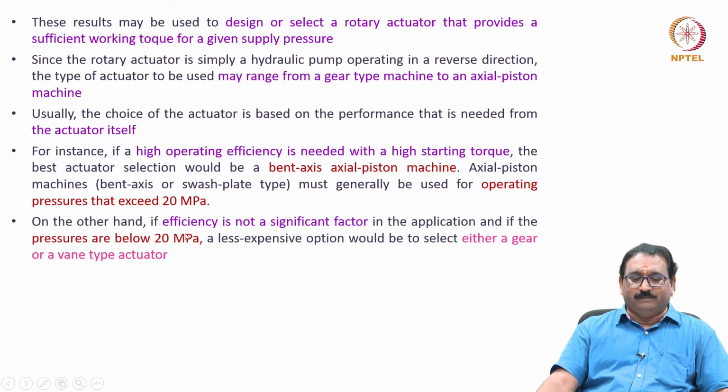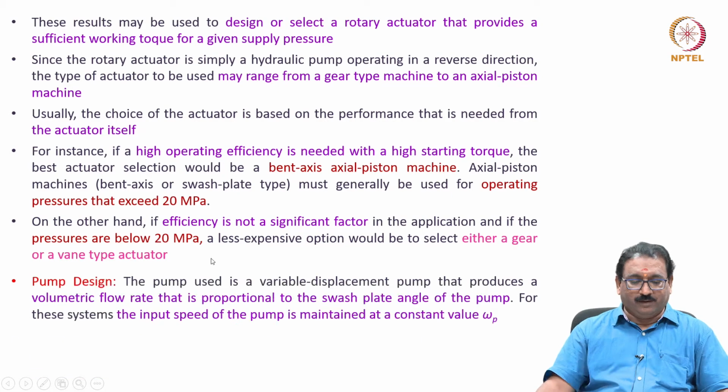On the other hand, if the efficiency is not a significant factor in the application and if the pressures are below 20 megapascal, a less expensive option would be to select either a gear or a vane type actuator.